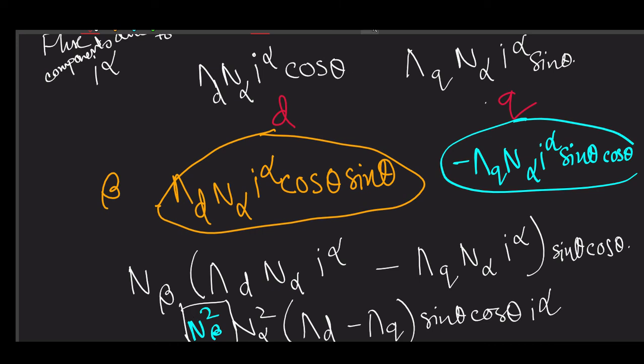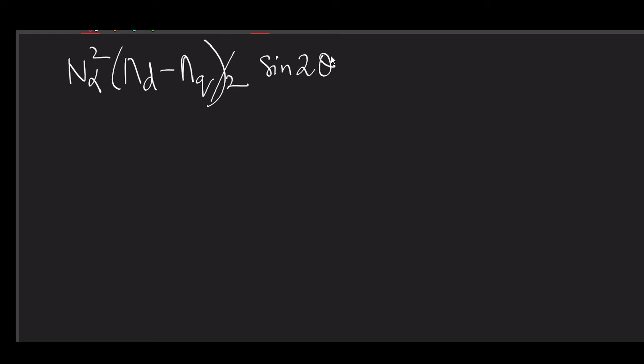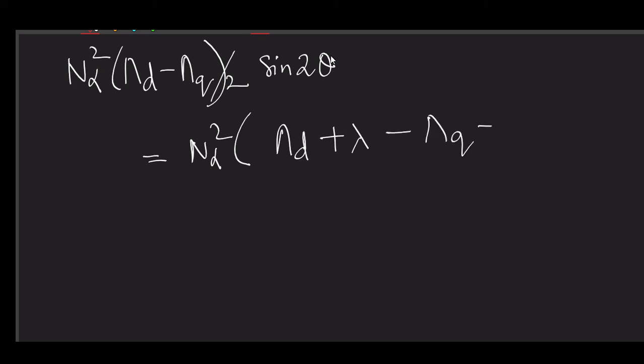So basically it gives an indication that it is 2 alpha, like it gives us n alpha square lambda d minus lambda q by 2 sin 2 theta. That further can be written like n alpha square lambda d plus small lambda minus lambda q minus small lambda by 2 into sin 2 theta.